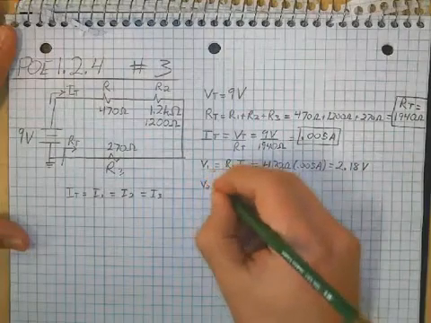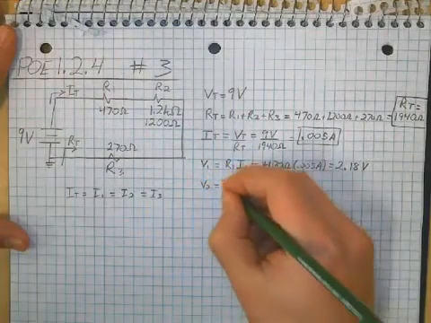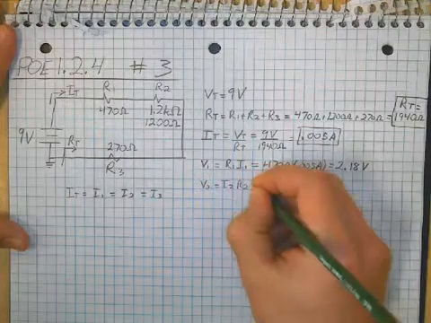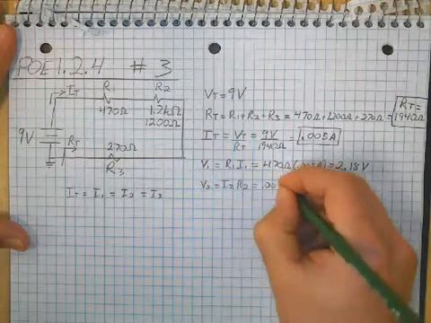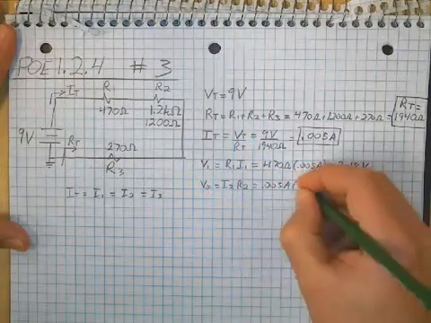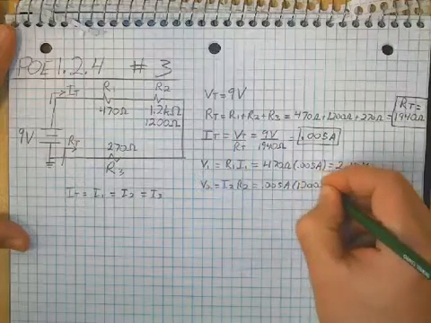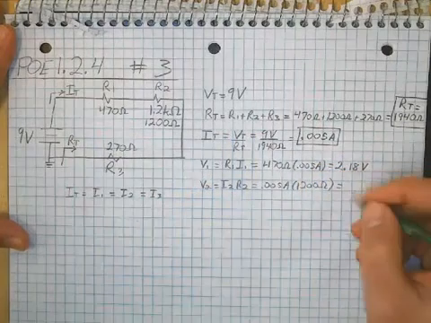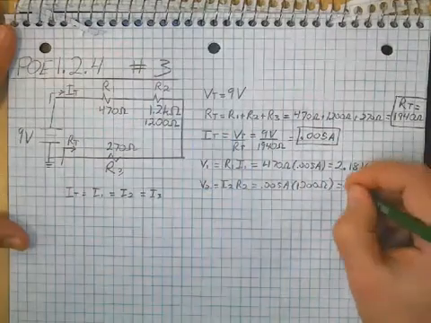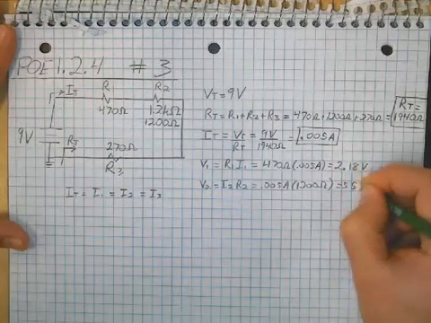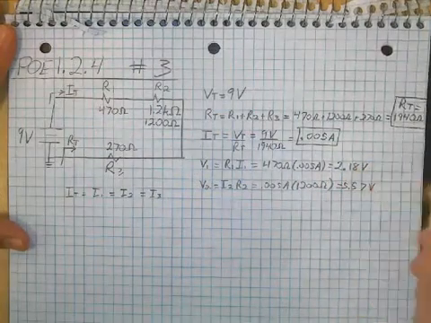V2 equals, I'll write it this way this time, I2 times R2, 0.005 amps times 1200 ohms, and that's going to give us 5.57 volts.